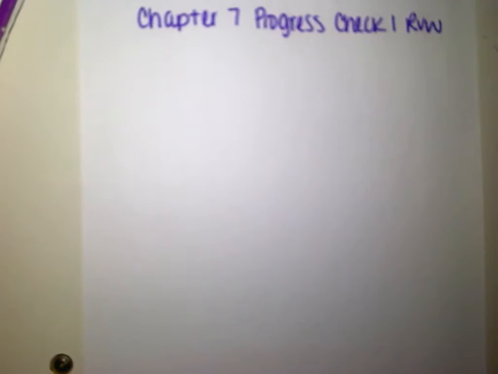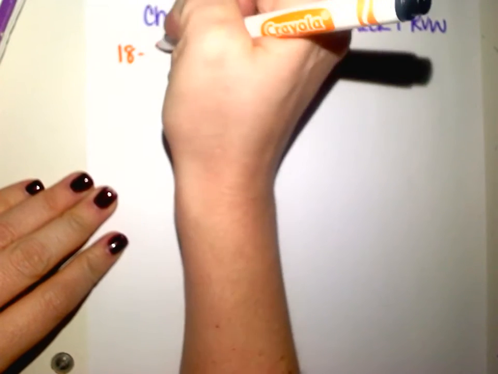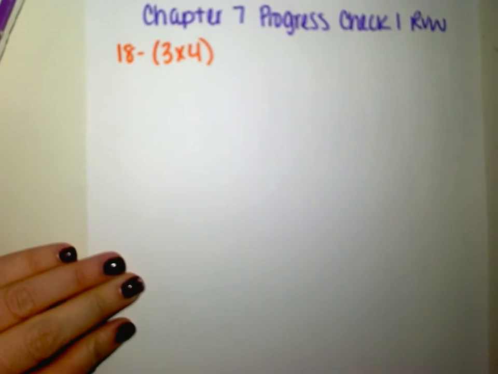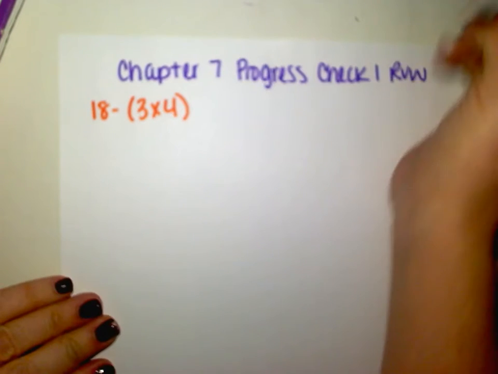The first one is going to be 18 minus 3 times 4 in parentheses. So order of operations, it looks like this.